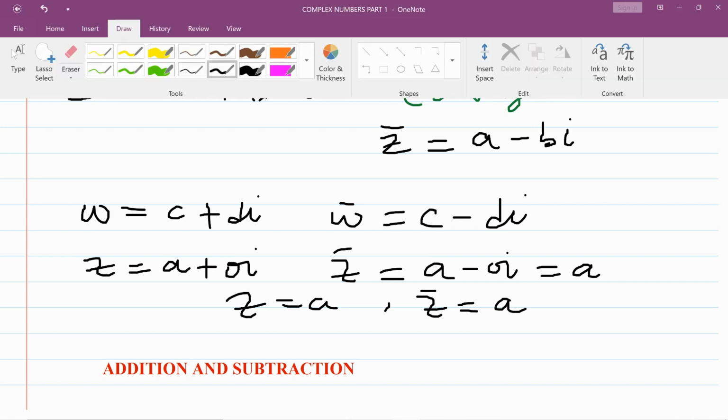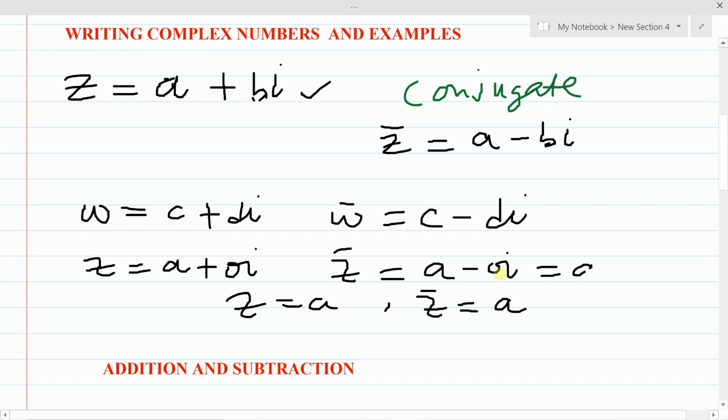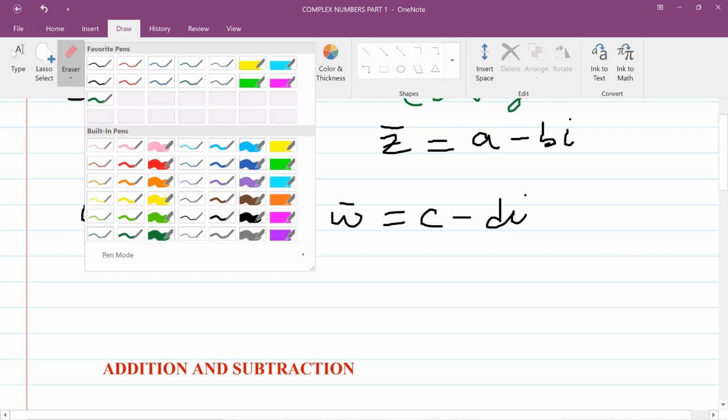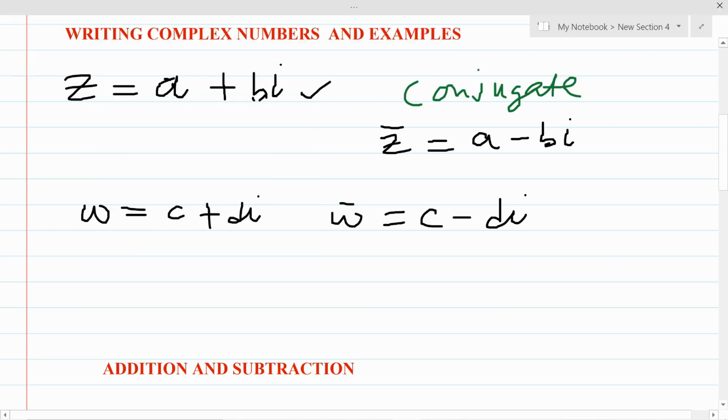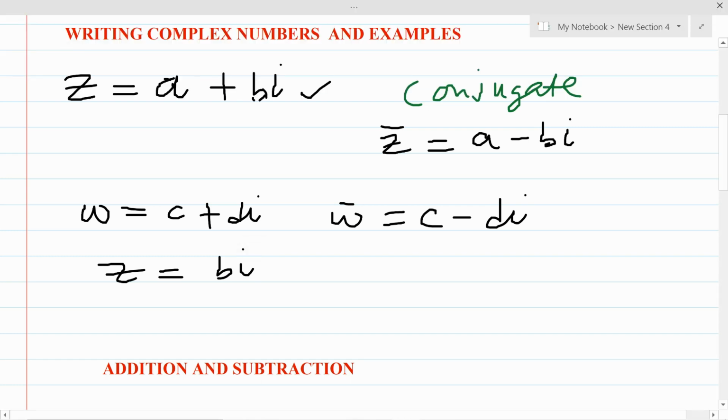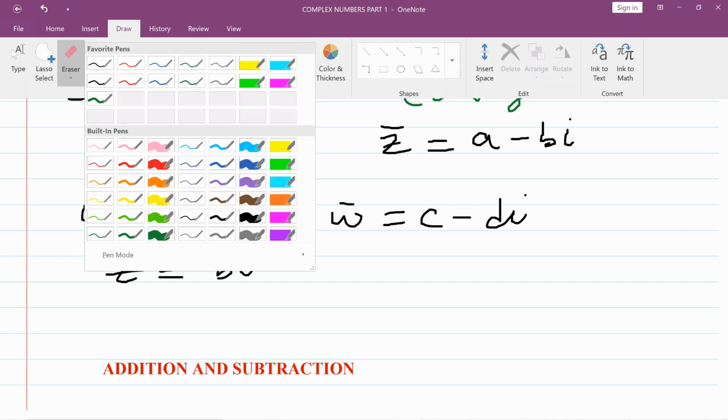Okay. Let's look at the case where the real part is rather 0, so that we have a purely imaginary number, right? If the real part is 0, then our complex number is, let's say, bi or ib. Some books use ib, so you can write ib or bi.